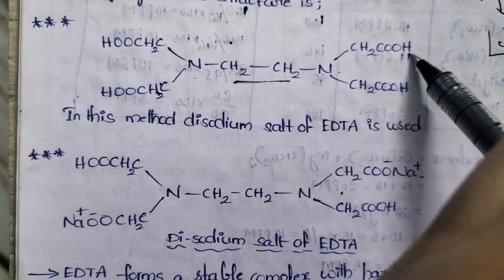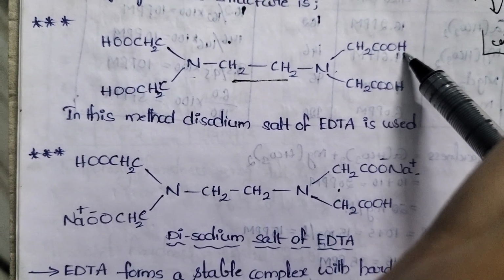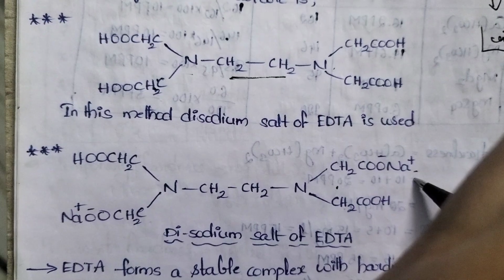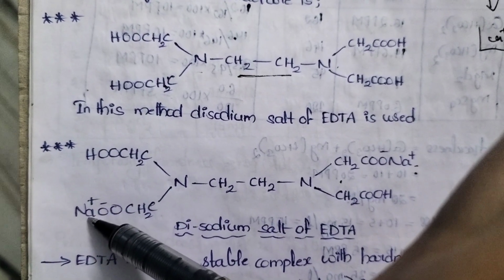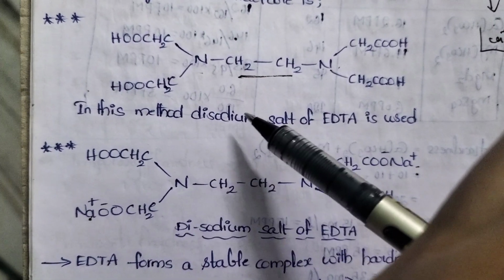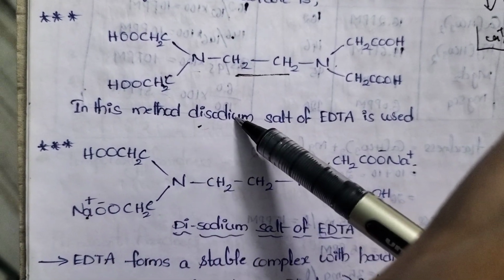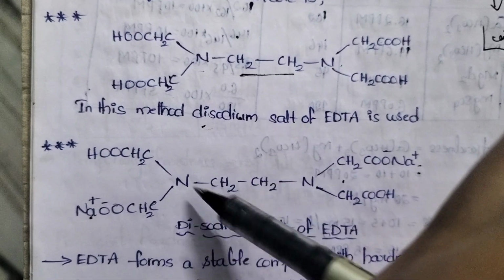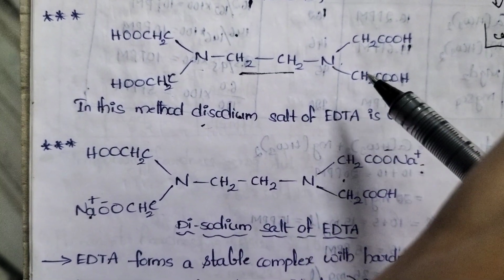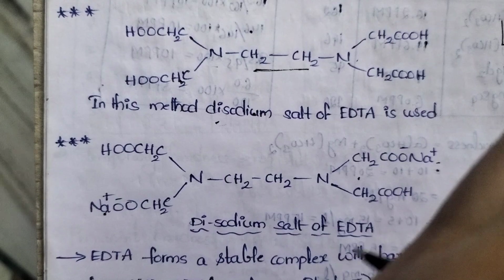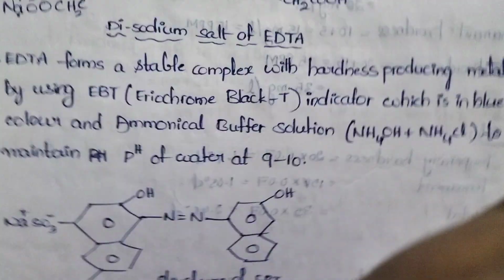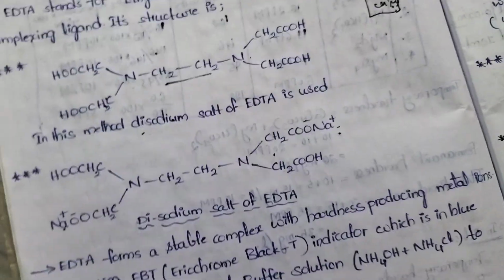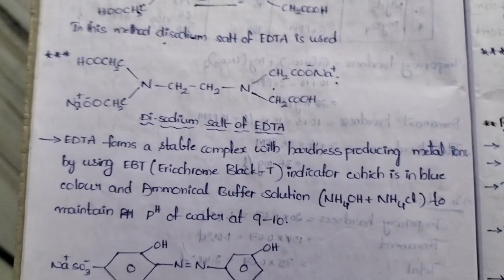The first hydrogen is replaced by 1 mole of sodium, the second by 1 mole of sodium. So there are 2 sodiums, that is why it is called disodium. The remaining structure resembles EDTA. So this is the overall structure of the disodium salt of EDTA.